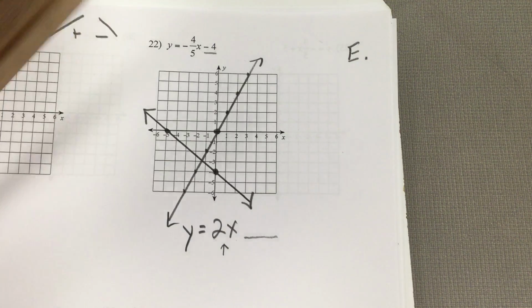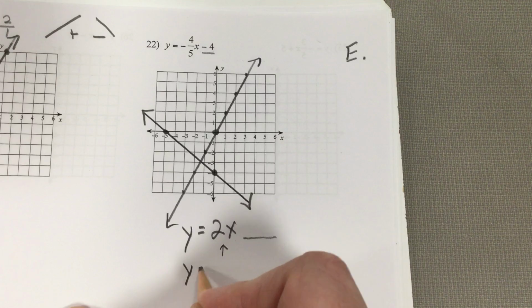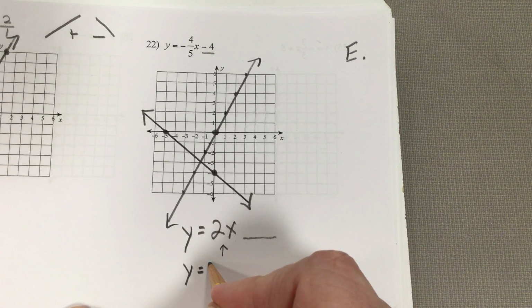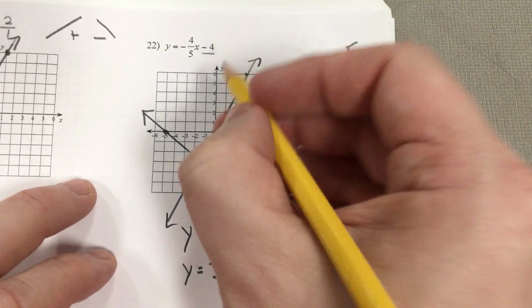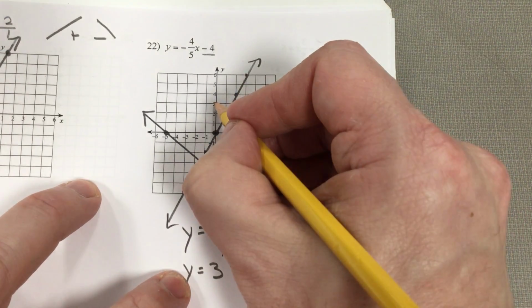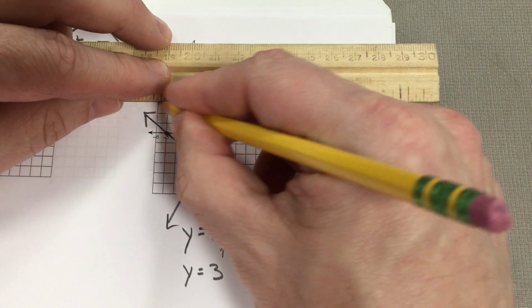The other word of caution: let's say you see something that looks like this, y equals, say, 3. In this case, you don't have a slope. There's no x there. So you have no slope, which means the line will go straight across. If I ever have something like that, I come to y equals 3, and I just draw a line straight across.